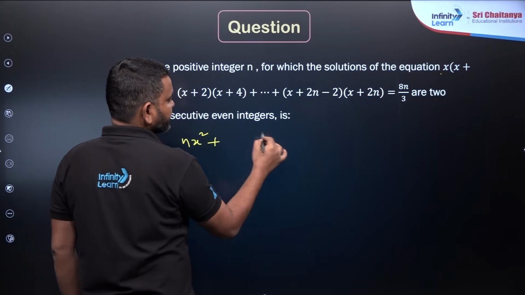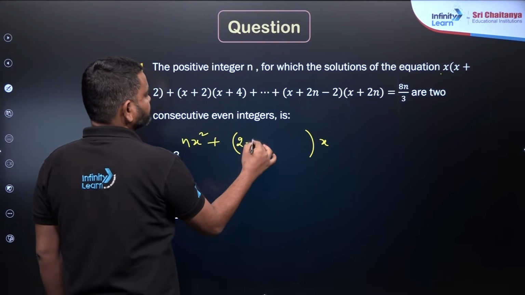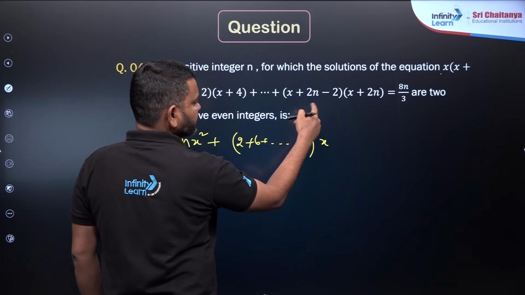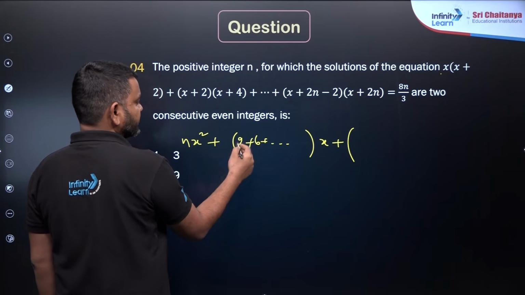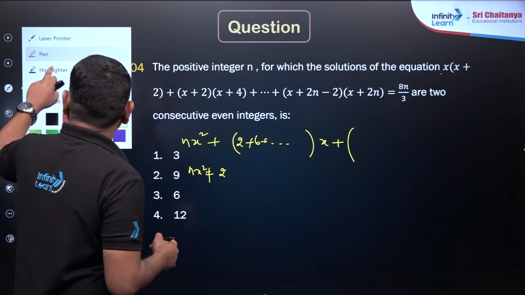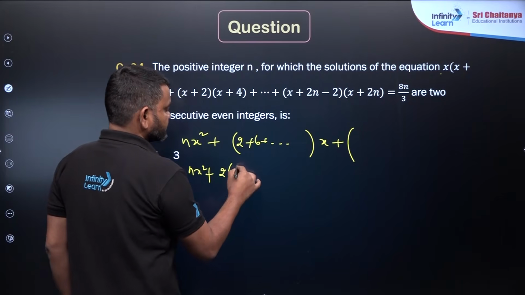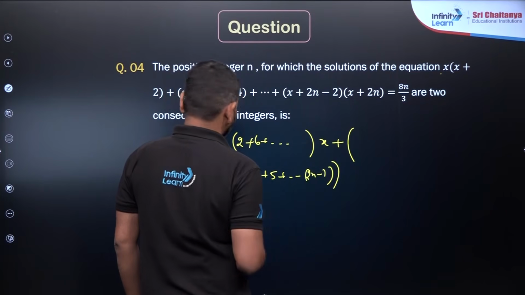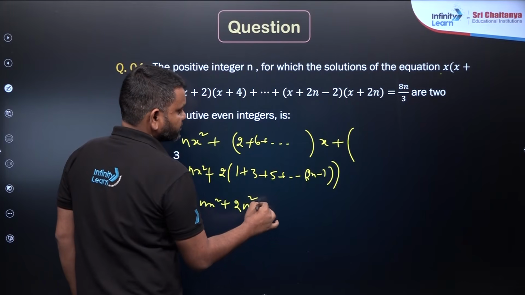Plus if I look at the x coefficients, the first one is 2, the next one is 6, it goes on like that, right? You can take 2 common here, this is going to become 1 plus 3 plus 5 and so on up to 2n minus 1. This is going to become simply n x square plus 2 times the sum of all odd numbers, which is n square, into x.